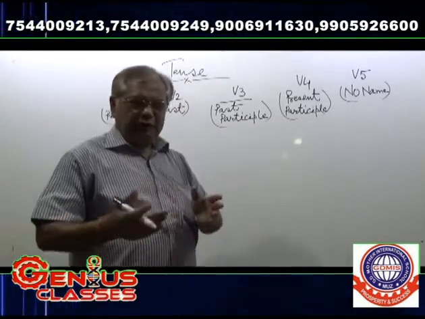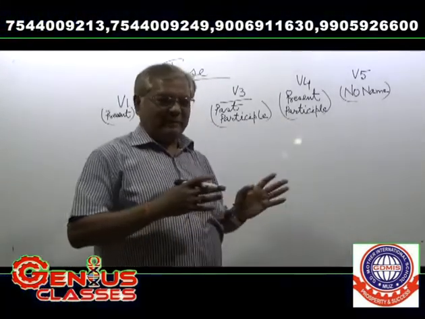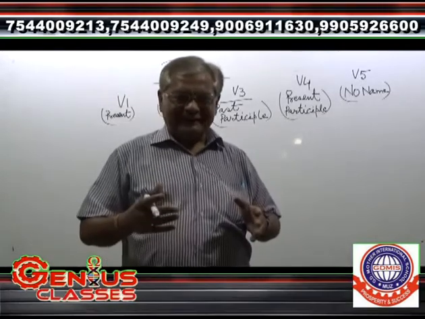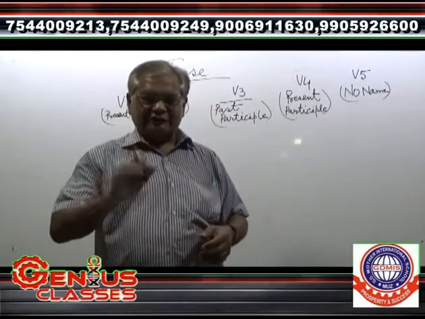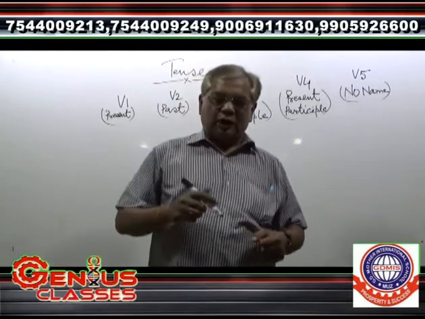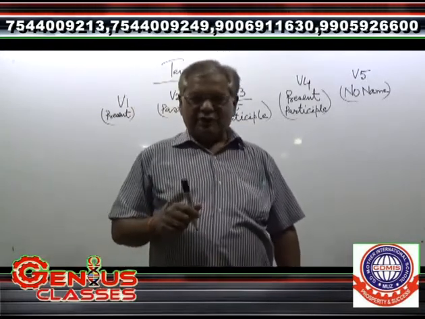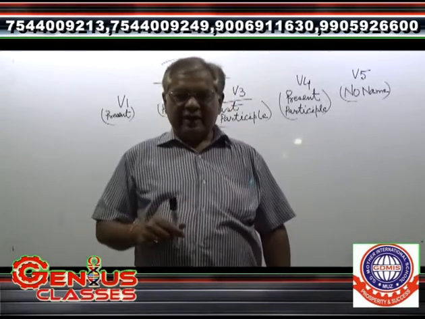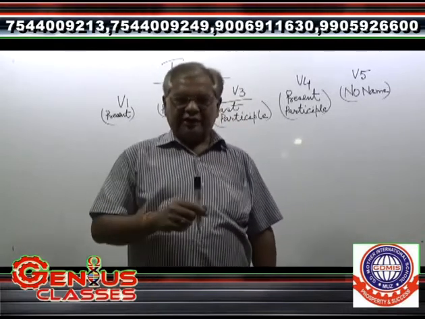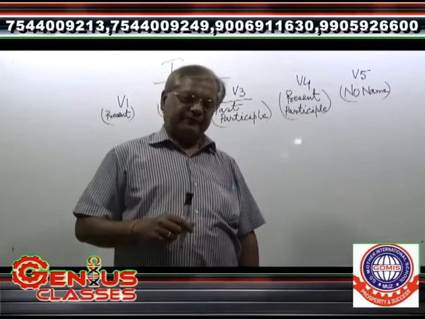Individually we are going to discuss the tense, as there are three kinds of tense. One is present tense, the second is past tense, and the third is the future tense.